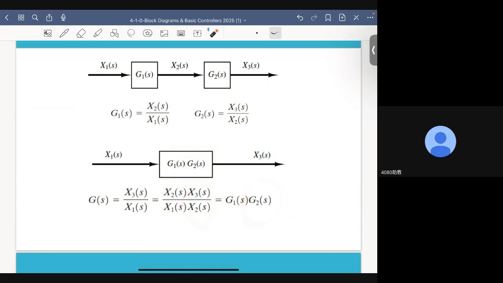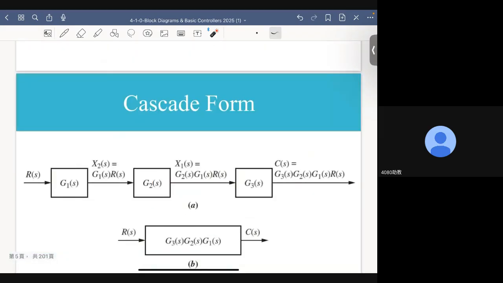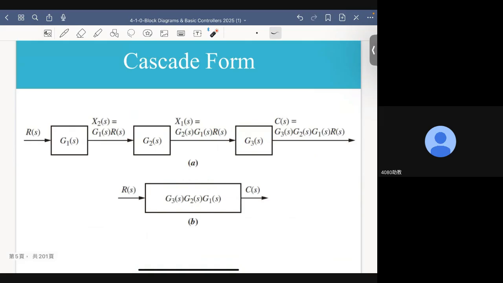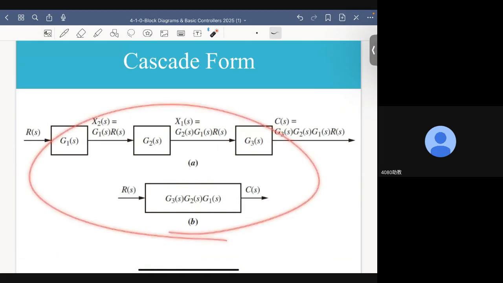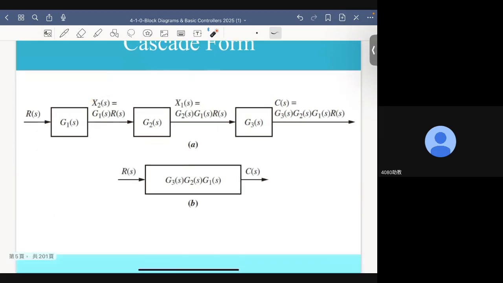So the overall transfer function from X1 to X3 is G, which is the product of G1 and G2. Very easy to understand, because the only math it involves is multiplication. Very straightforward. That is one of the key reasons why we want to use block diagrams in the first place. Now, this is another representation of the cascade form.